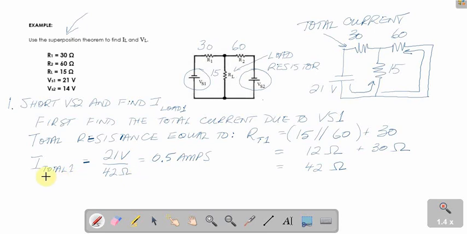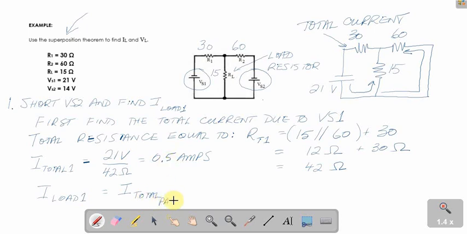Now, what we want to do is find how much of that is going through the 15 ohm resistor, not all of it. So we have to be very careful here. Not all of the 0.5 amps goes through that 15 ohm resistor. We're going to have to use the current divider formula.